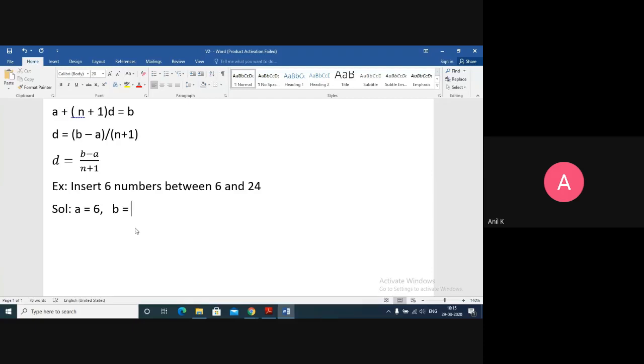So what we have to do here: A value is 3, B value will be 24, and n value is going to be 6 because I have to insert 6 numbers.